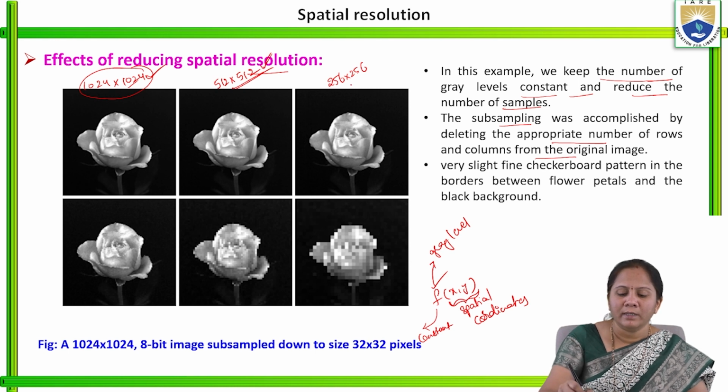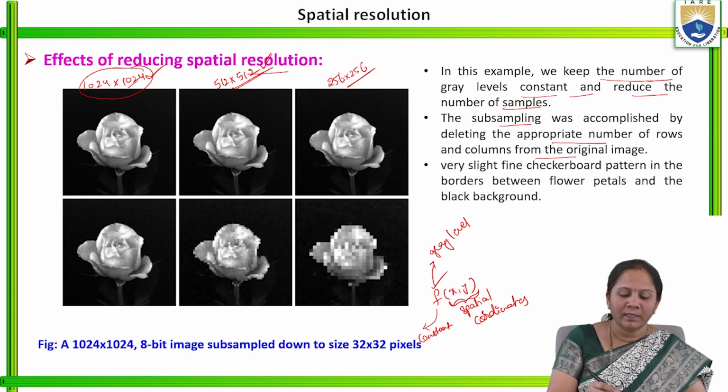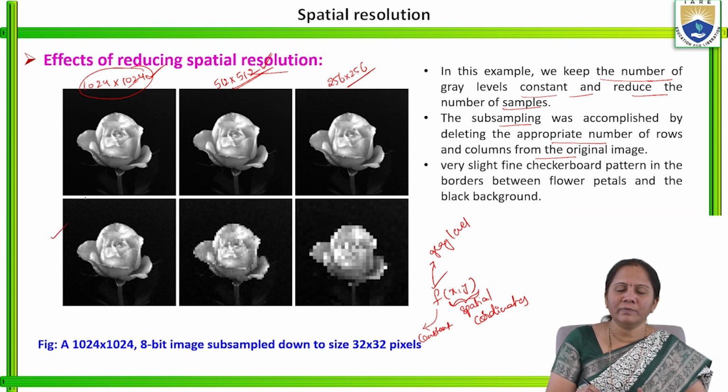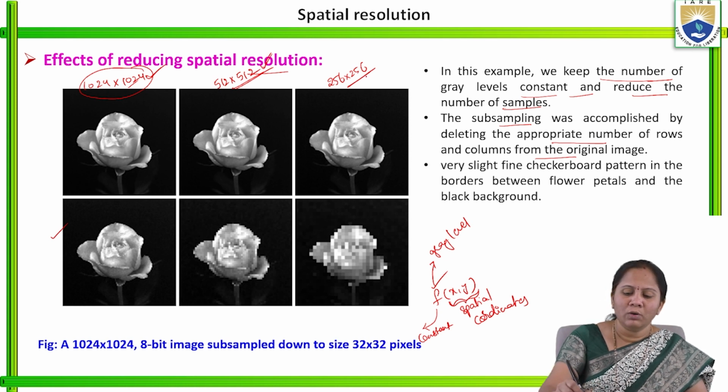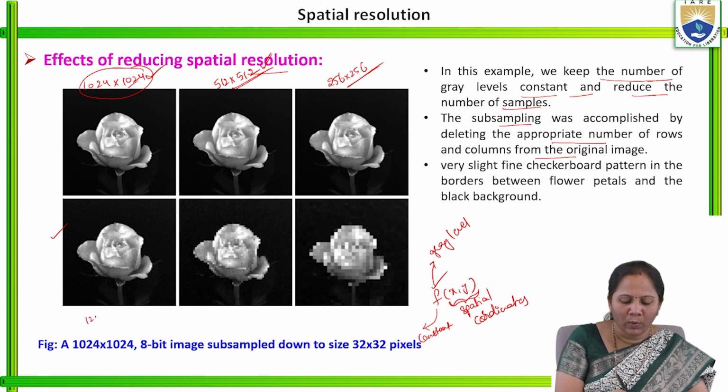From this 256 by 256 image, if you reduce the number of rows and columns again, the quality of the image will be reduced as the spatial coordinate value reduces, and the next image will be 128 by 128.